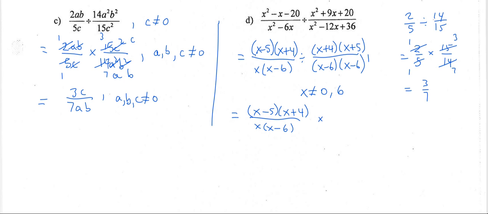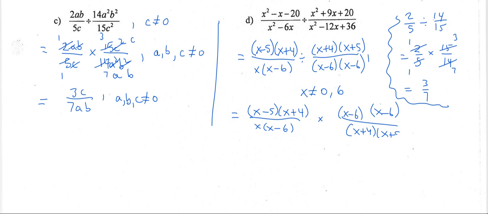So now turn this into a multiplication: x minus 6 times x minus 6 over x plus 4, x plus 5.